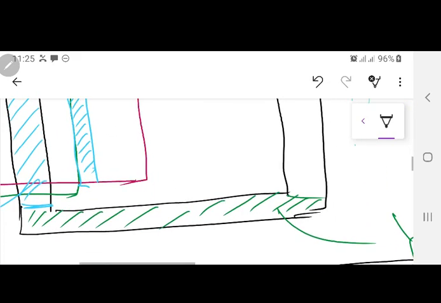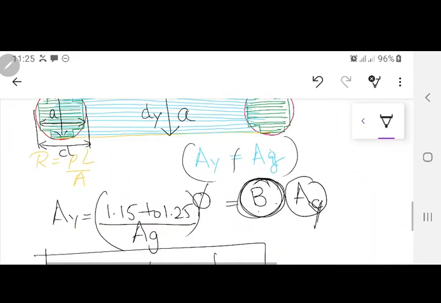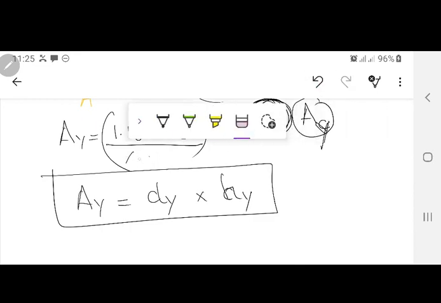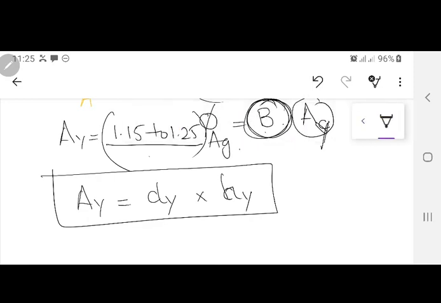So whenever you are going to find the area of the yoke, first of all, this is multiply, not divide. Don't confuse: AY is 1.15 to 1.25 times AG. So whatever gross area you have, increase it by 15 or 20%, or even if you don't want to increase, it's totally up to you.